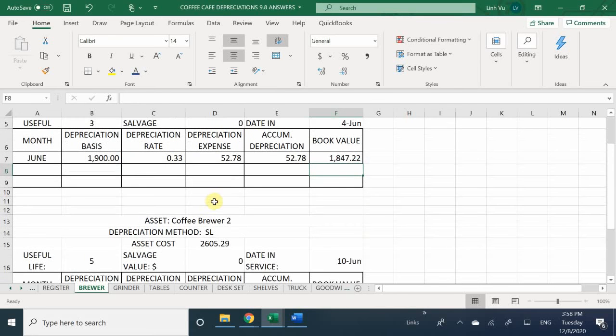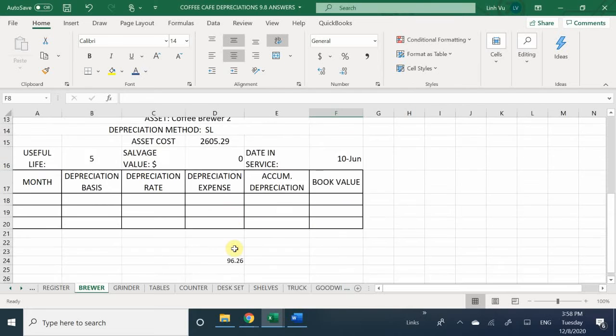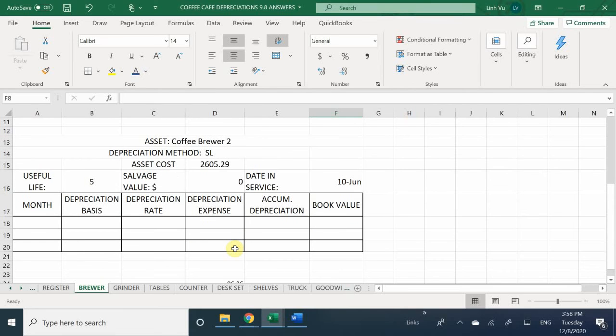Yay. Okay. So that's only the depreciation expense for coffee brewer number 1. We still have to figure out coffee brewer number 2, because we bought them at different times. And second, the first one that we bought had been used, and it only had 3 years left. This is a brand new one that we bought, and it has 5 years. So now let's calculate what this one's going to be.